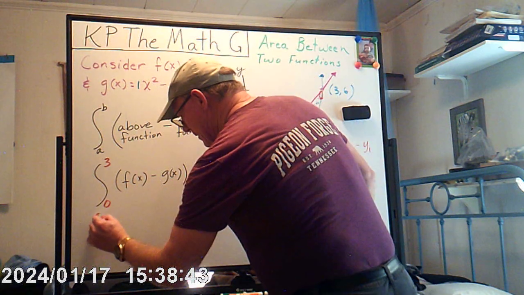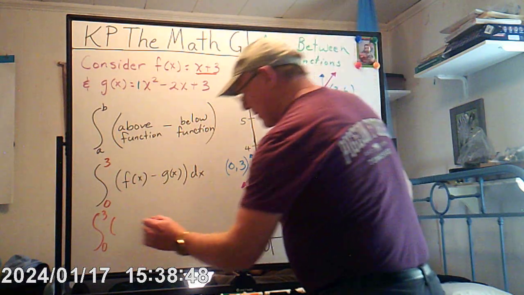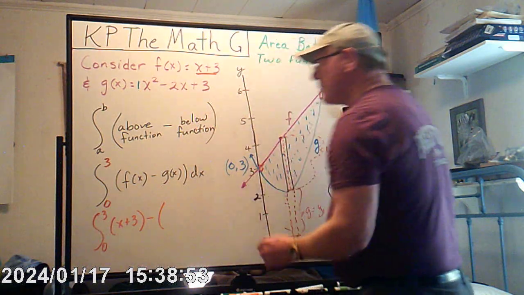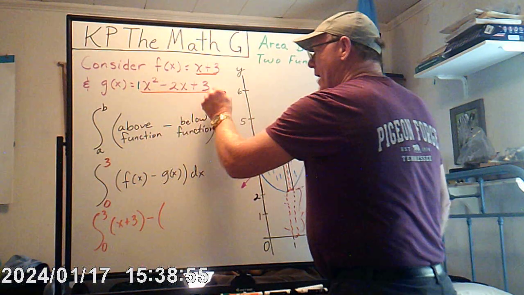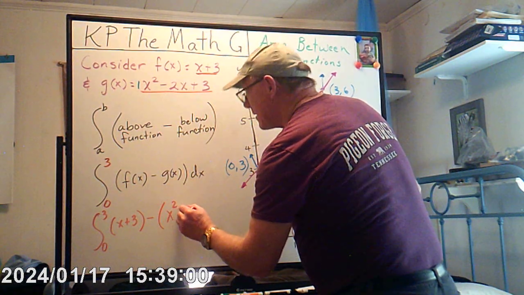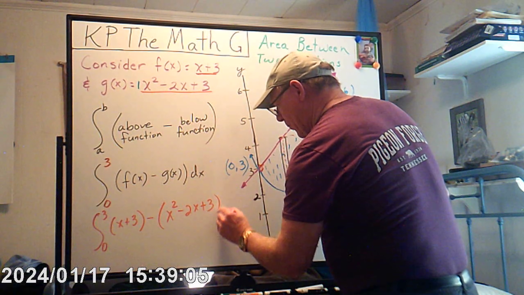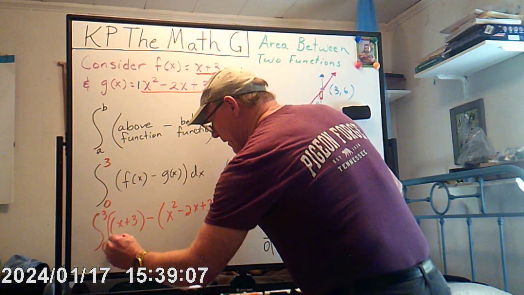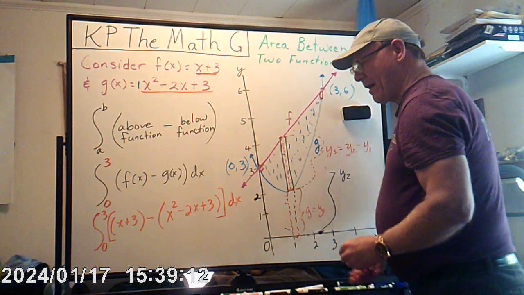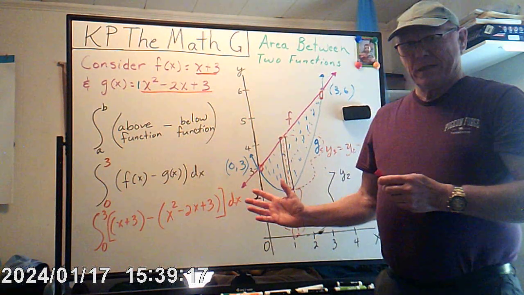So, 0 to 3, x plus 3, we're going to take away the g that we don't need, as one whole, block it off, and this is dx. Now that is part of the battle, knowing which one to do.